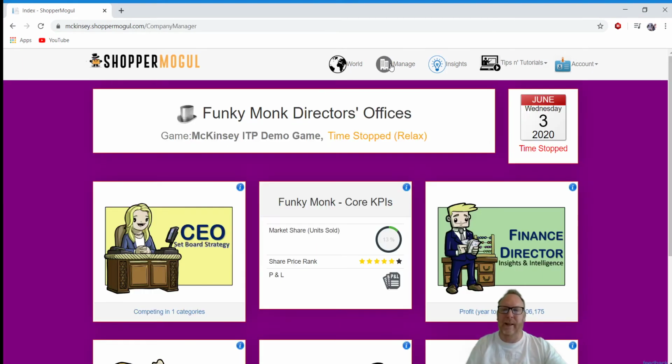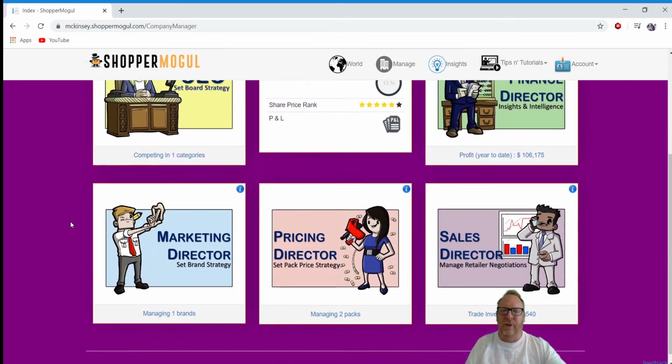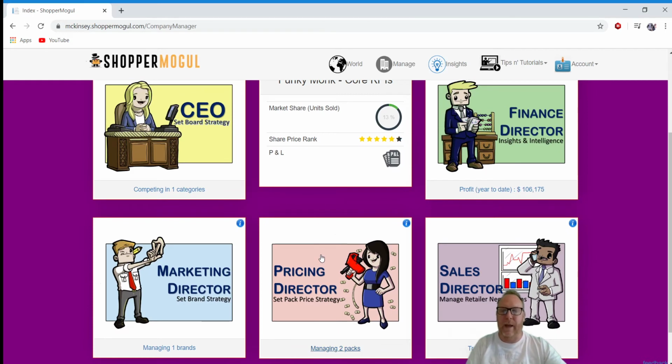So if we click on Manage, it takes us into our company offices. And you'll see in here that your office is this pink one down at the bottom. So you're one of the 5 directors who together are responsible for the linked sequence of strategic decisions for you to build the best portfolio of products and make more money than any of the other teams in the game. So let's jump in.